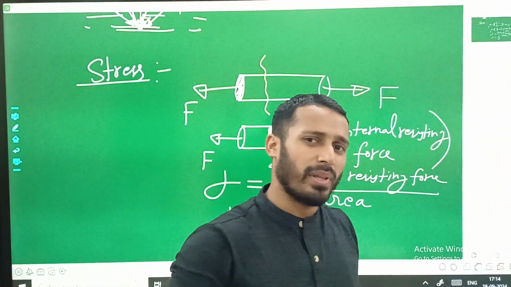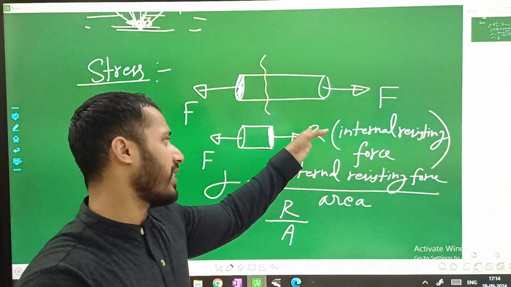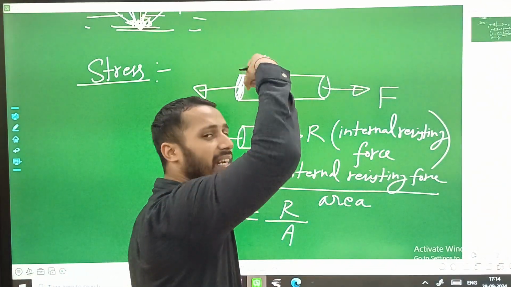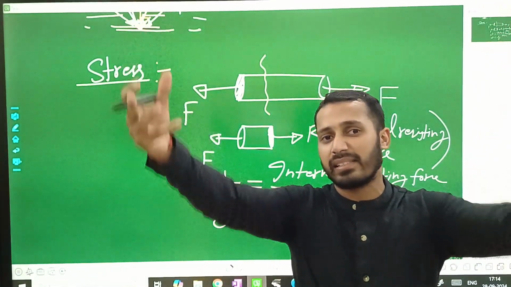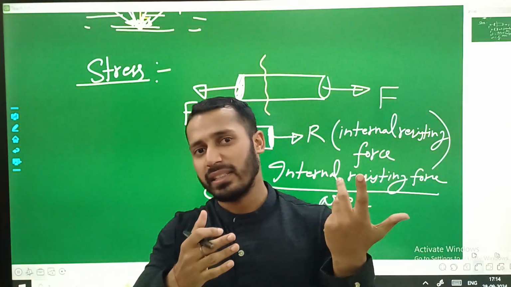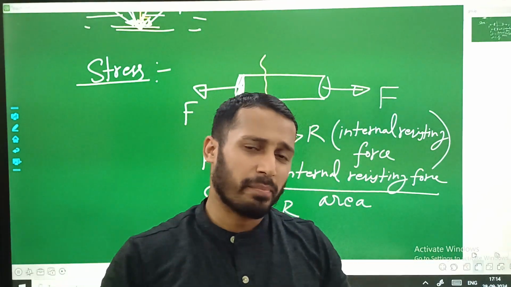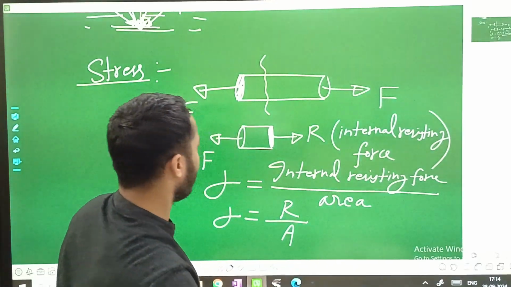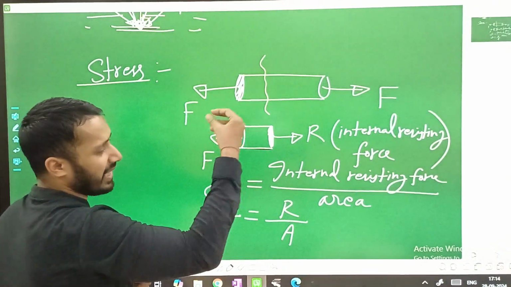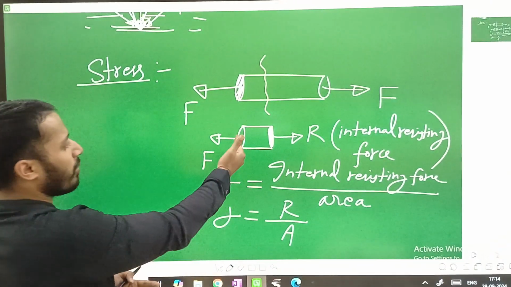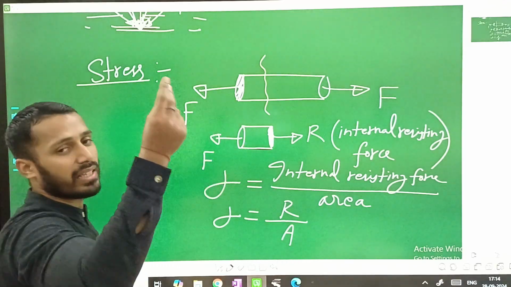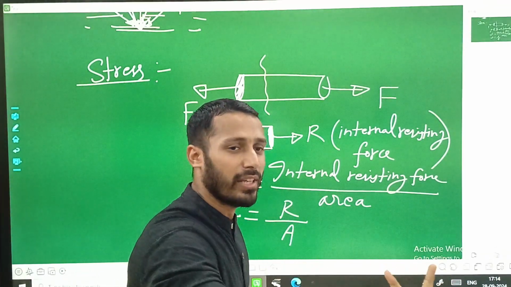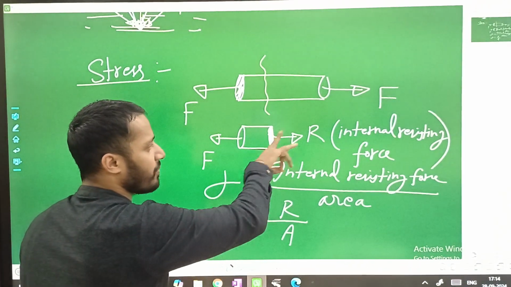But my dear, how will you measure this R? To measure R, you would have to go inside the rod and ask the particles what force they are applying. But this is not possible practically. So mathematically, you can see that this part is in equilibrium. Whatever the value of the external applied force F, the same should be the value of this internal resisting force.